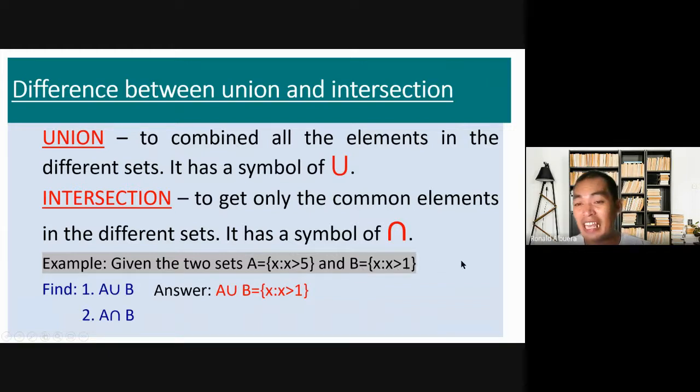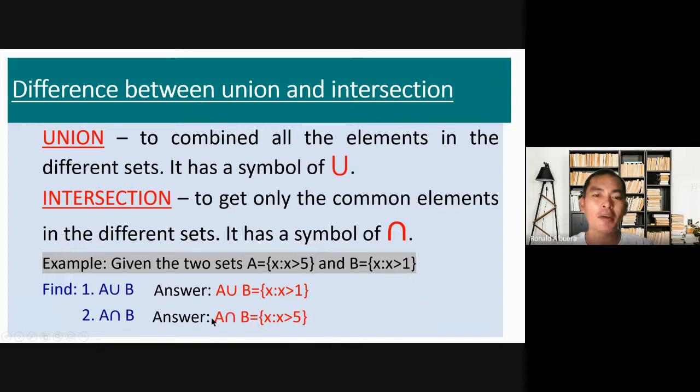Yun lang ang integers. Sa integers lang ang binigay ko. Set A is 5, 6, 7, 8, 9, 10. So common, sabi dito, combine all the elements, meaning lahat from set A and set B, you are going to enumerate all or to describe the set. So this is the union.